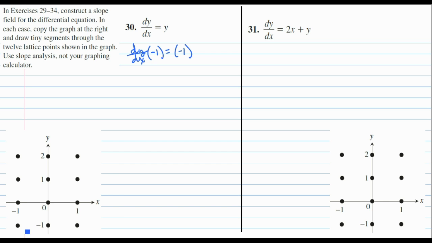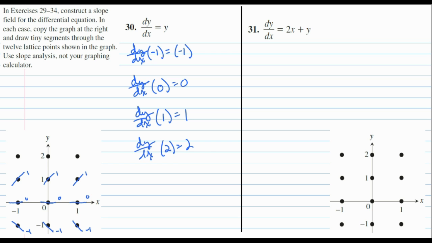So anywhere y equals -1 down here along this horizontal line, so -1, -1, 0, -1, 1, -1, those will all have the slope of -1 for the slope field. Now if y equals 0, the slope is 0. If y equals 1, the slope is 1. If y equals 2, the slope is 2. So it's slightly different than if the derivative equals x.